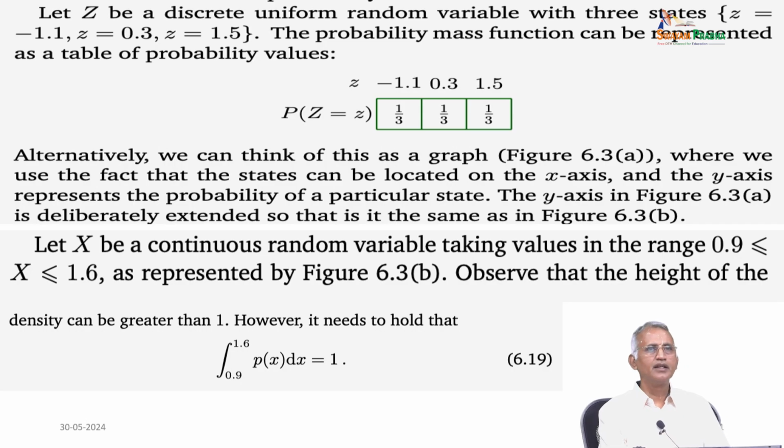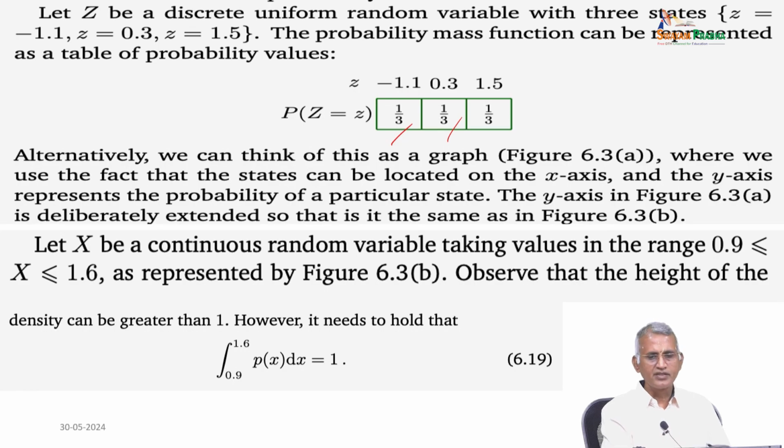This is the picture corresponding to the probability of Z equal to z. When you take z equal to minus 1.1, the probability is 1 by 3. When you take 0.3, the corresponding probability mass function is 1 by 3, and 1.5 corresponds to 1 by 3. So, now let us start with the discrete uniform random variable.